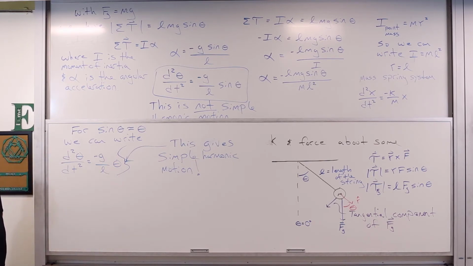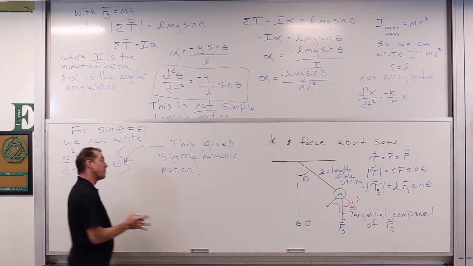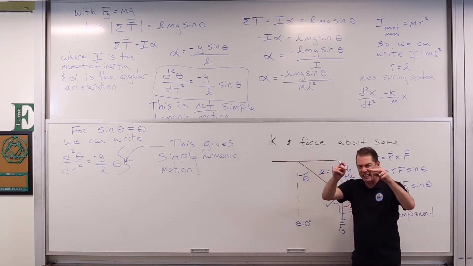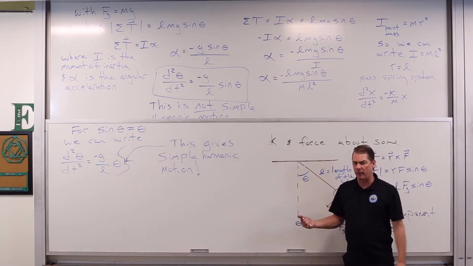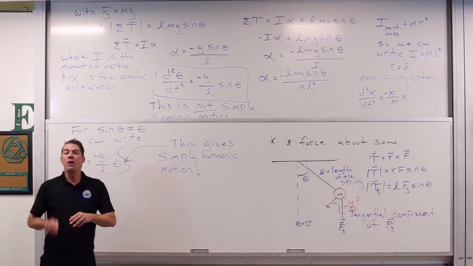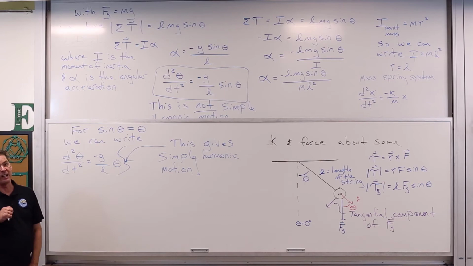Fantastic. So for small angles, the simple pendulum gives us simple harmonic motion, and the key ingredient with simple harmonic motion is the independence of the period with respect to the amplitude of the oscillations.